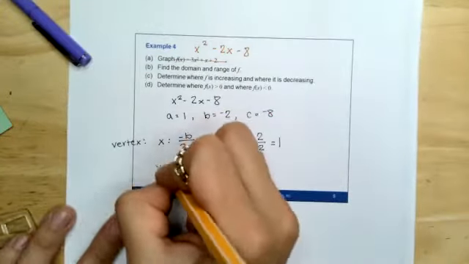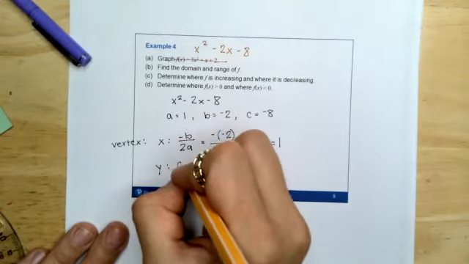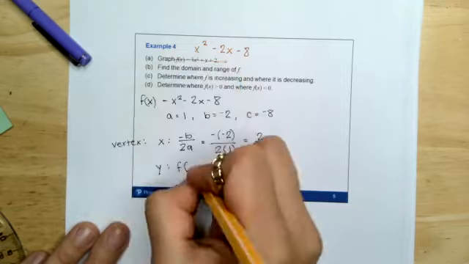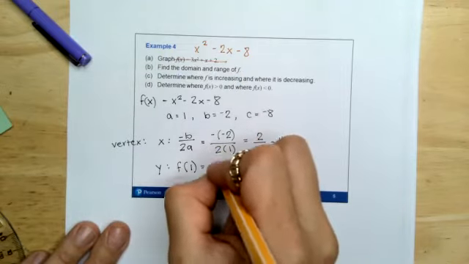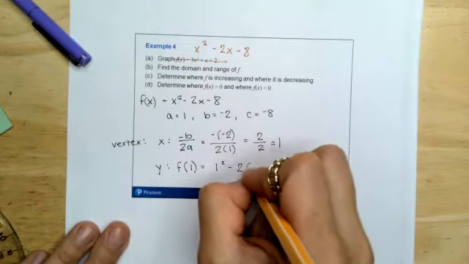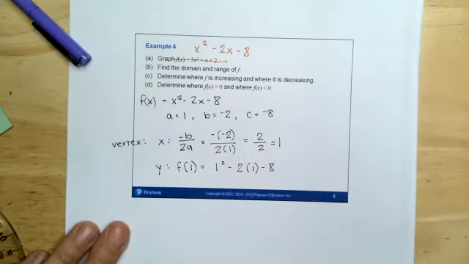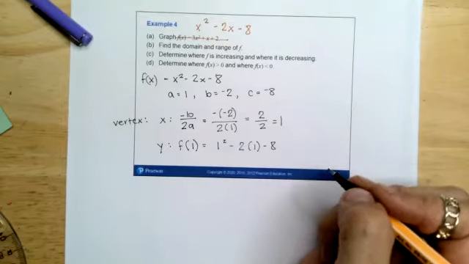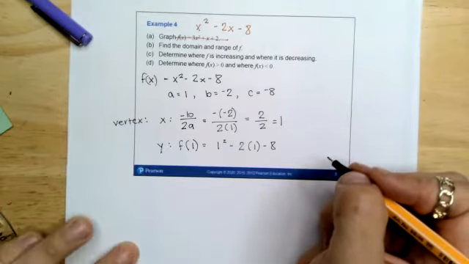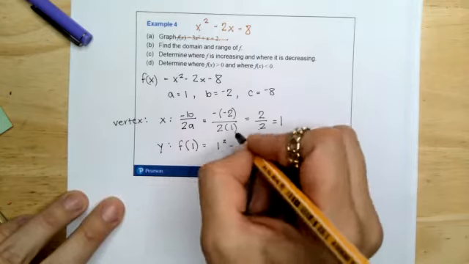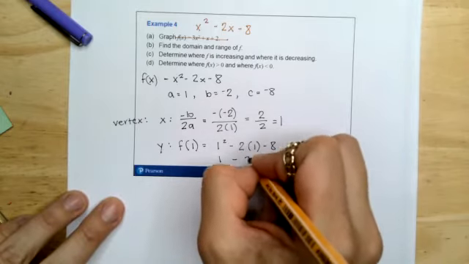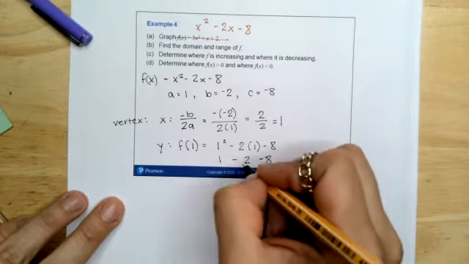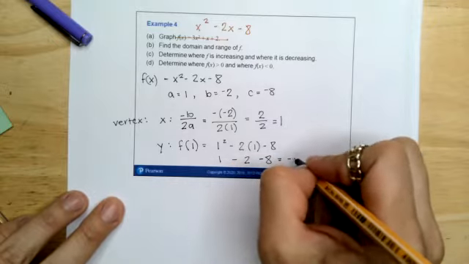My Y value for my vertex means I take f of x and turn it into f of 1 equals 1 squared minus 2 times 1 minus 8. One minus 2 minus 8. 1 minus 2 is -1. -1 minus 8 is -9.